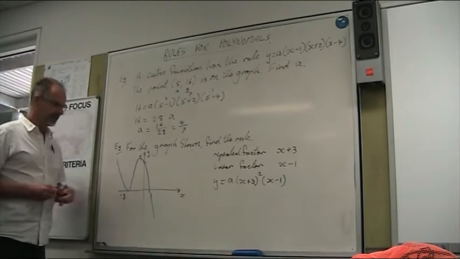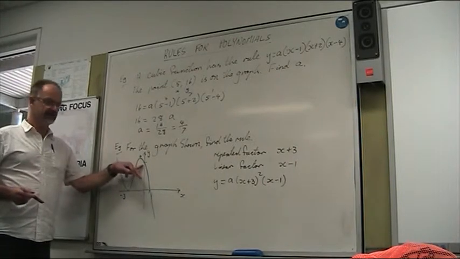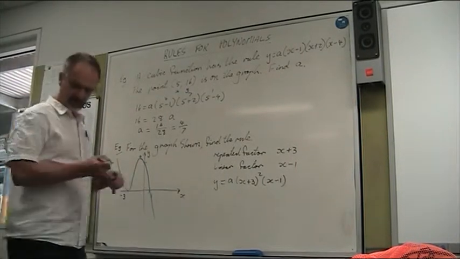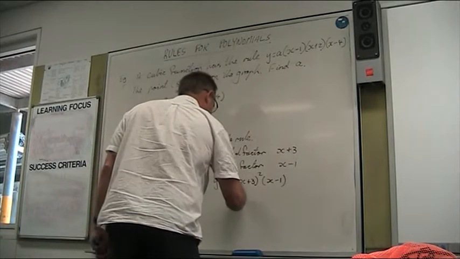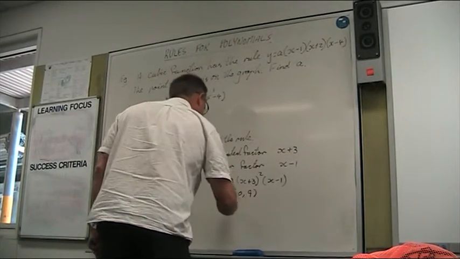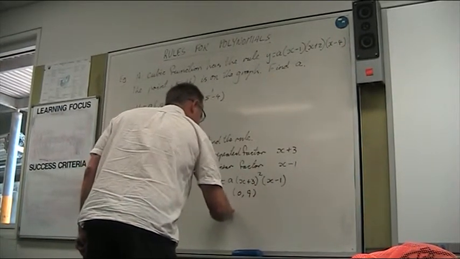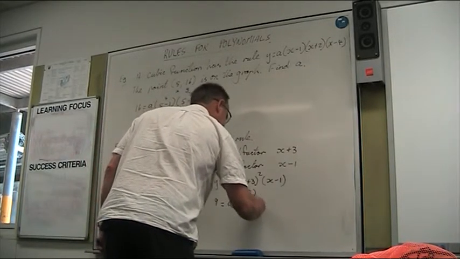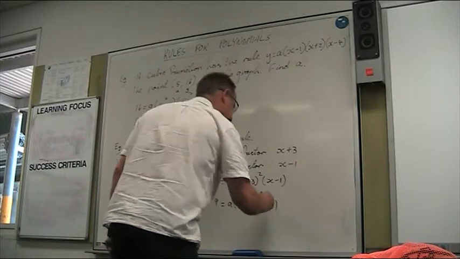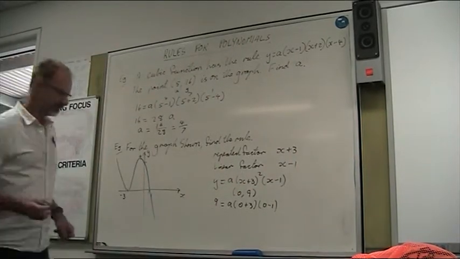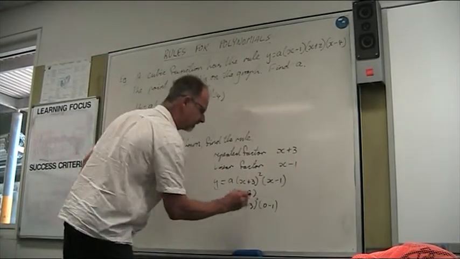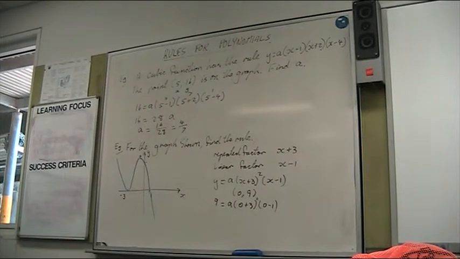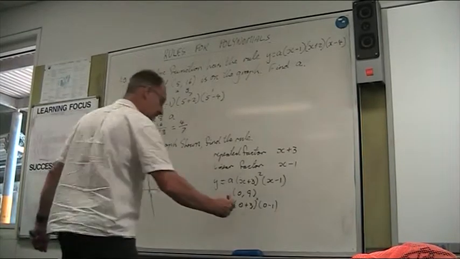So what else do we know? Well, we know it goes through the y-axis here. So we know that (0, 9) is a point. So we'll put that in. 9 equals a times (0 plus 3) times (0 minus 1). Whoops, forgot the squared. So 3 squared is 9 times negative 1.